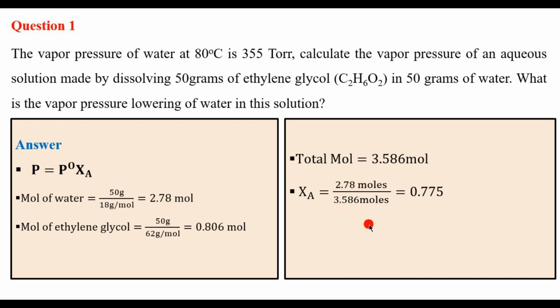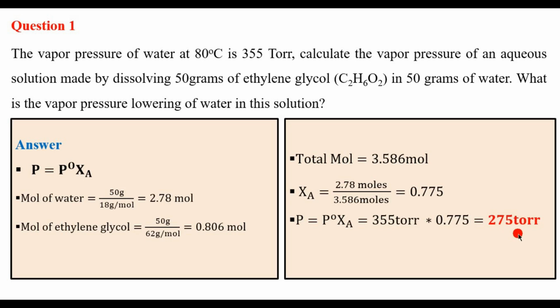Then after getting the mole fraction of the pure solvent, we have also the vapor pressure of the pure solvent. We can use the formula to calculate the vapor pressure of the solution. The vapor pressure of the solution is equal to the vapor pressure of the pure solvent times the mole fraction of the pure solvent. In this case, we have 275 torr.